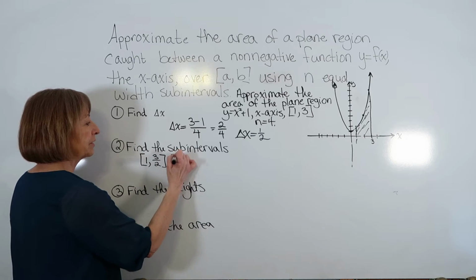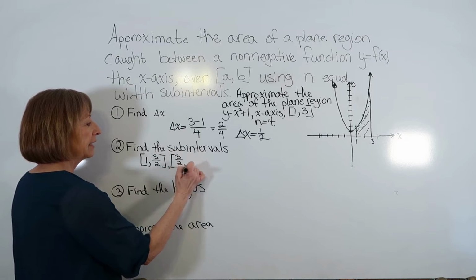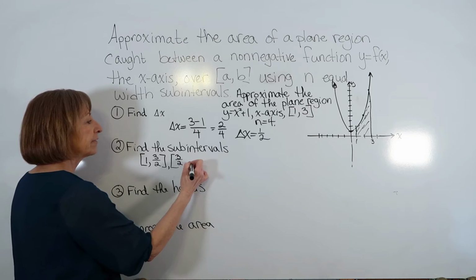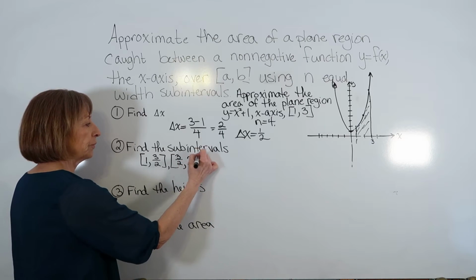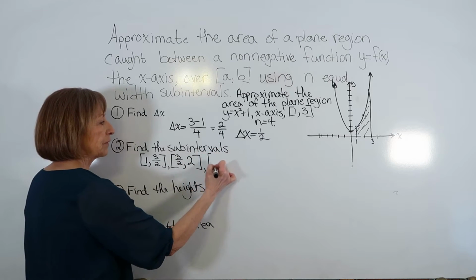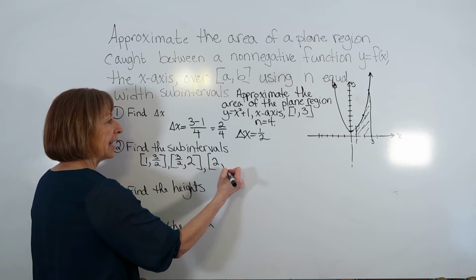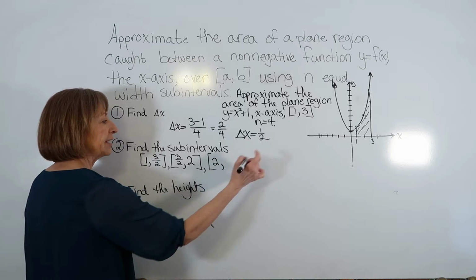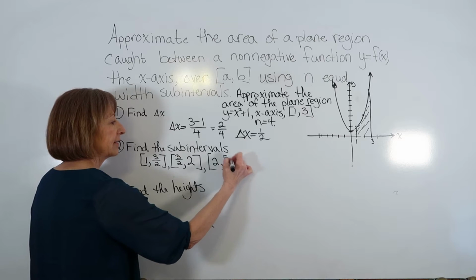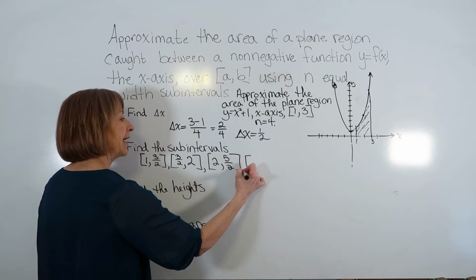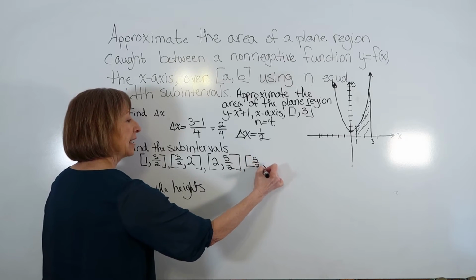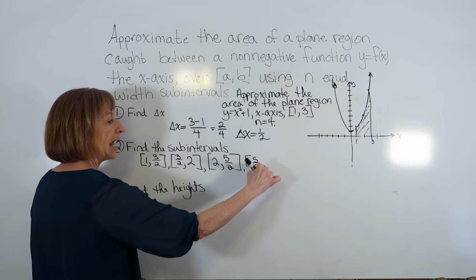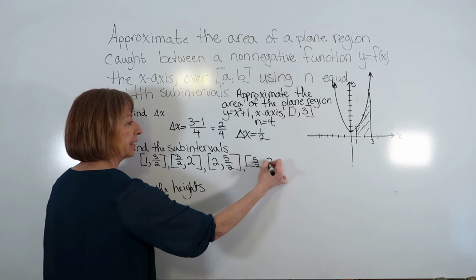And then the next one starts at 3/2, and 3/2 plus 1/2 is 4/2 or 2. Then the next one starts at 2 and ends at 2 plus 1/2 is 5/2. Then it starts at 5/2 and ends at 5/2 plus 1/2 is 6/2, which is 3.